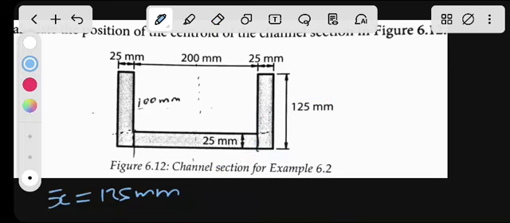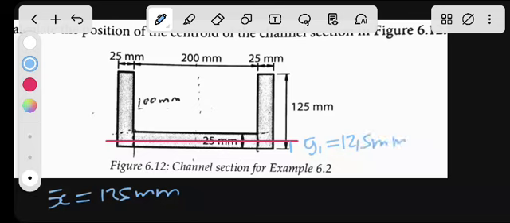So object 1, the center here of the first object, if I cut it there in the middle, that will have y bar 1, you can call that y1. The smaller distance there will be 25 divided by 2, which is 12.5 millimeter.